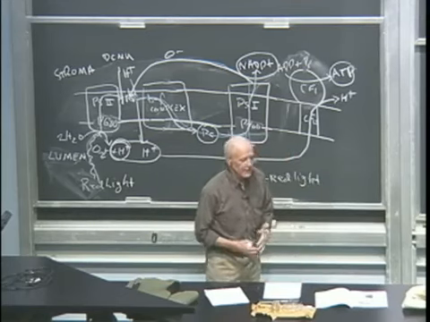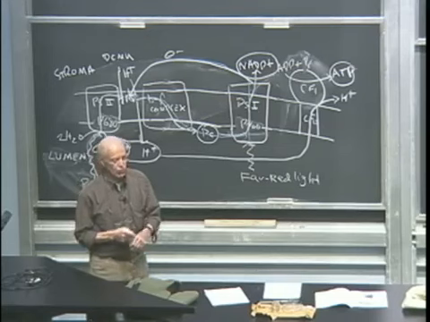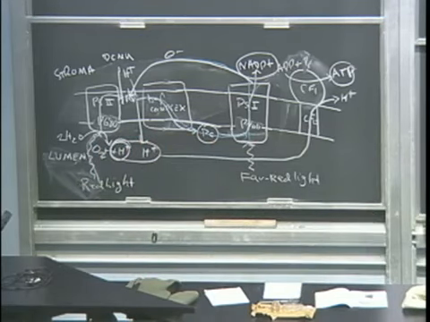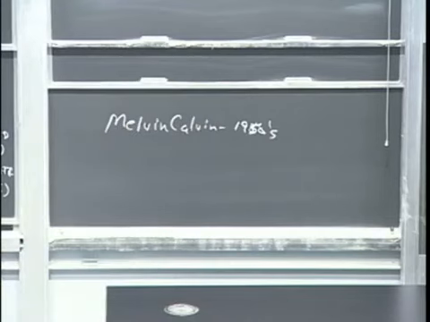The Calvin cycle is called the Calvin cycle because the cycle was worked out by a Berkeley professor, Melvin Calvin, in the chemistry department, in the 1950s. And he worked in, I think, Lewis Hall.